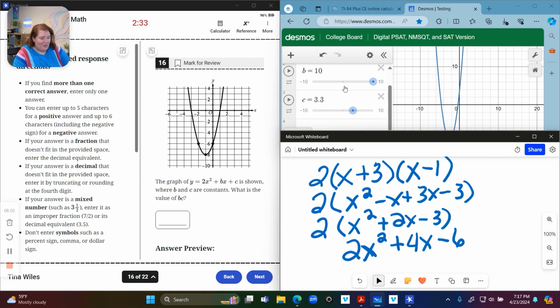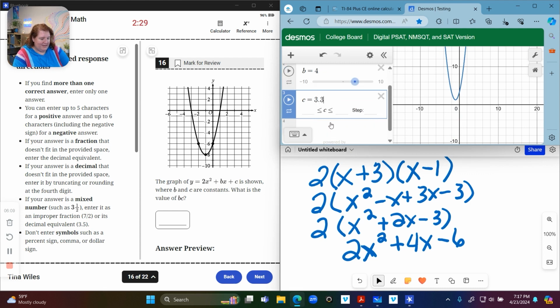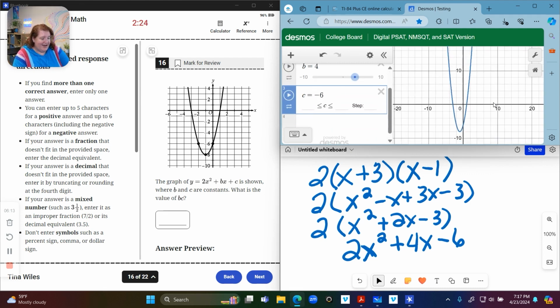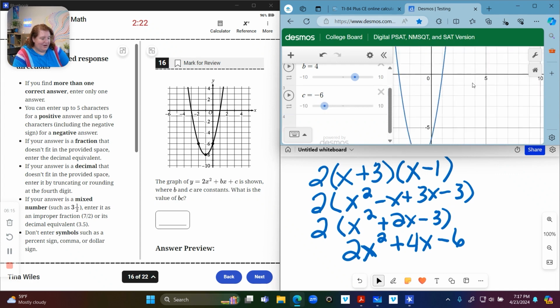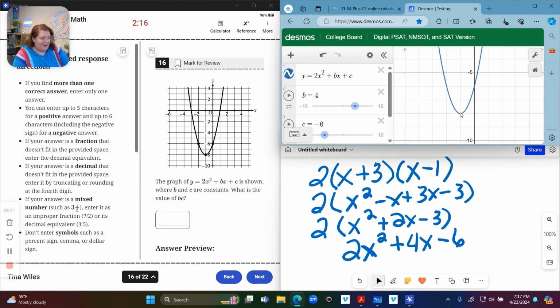So now let's try, B is 4 and C is -6. And look at that. It goes through -3, it goes through 1, and that is at -1/8. So that is correct. So they wanted B times C. 4 times -6 is -24, the answer for number 16.